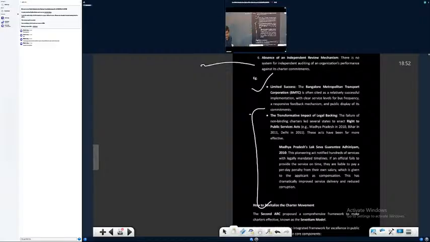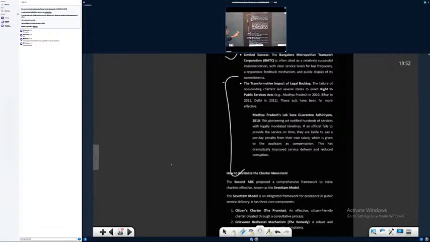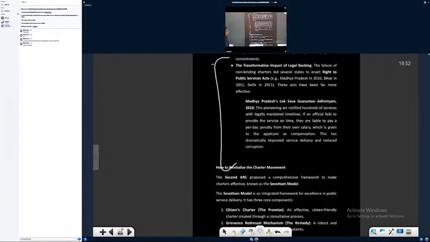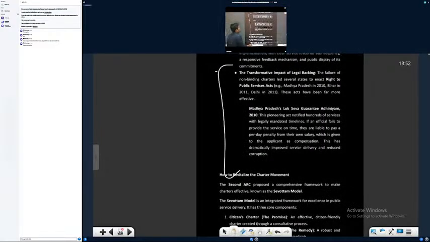They passed something called the Right to Public Services Act in 2010. Now, this has made public services very effective. Madhya Pradesh's Lok Seva Guarantee Adhiniyam was there. For hundreds of government services, there are legally binding timelines. If that job is not done, a fine is imposed on the salary of the public servant.